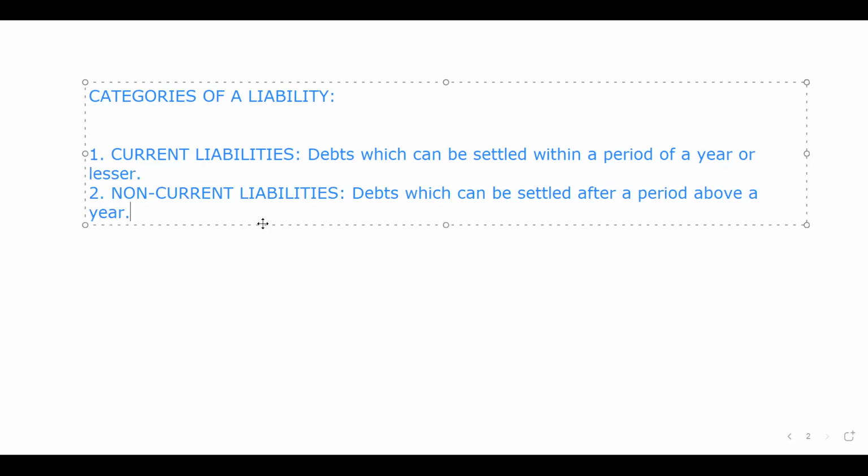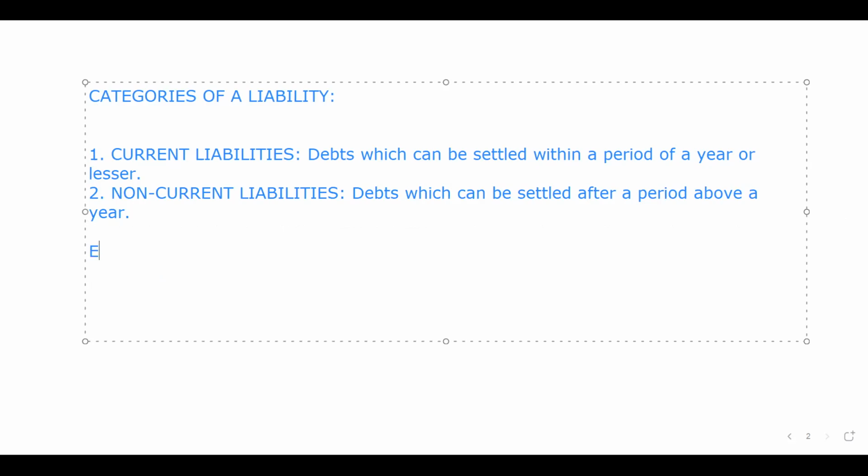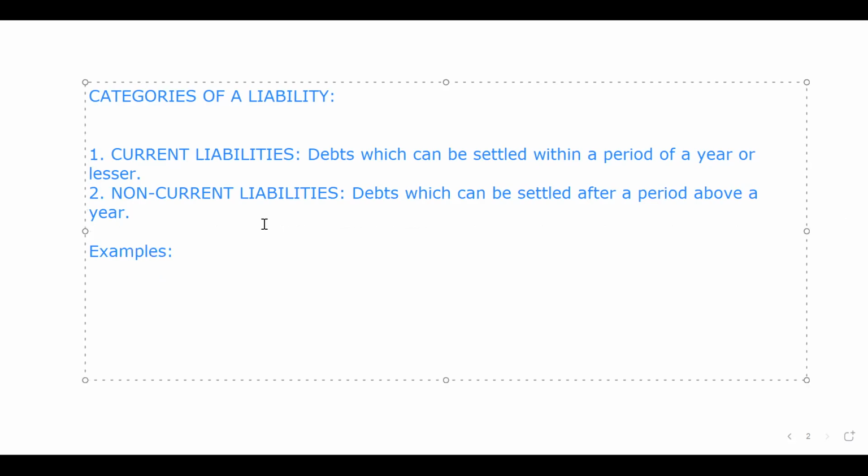Then, of course, we have to talk about examples of these things. Let's have a look at some examples, and I'll also show you from the textbook. With current liabilities, you've got what we call trade and other payables.